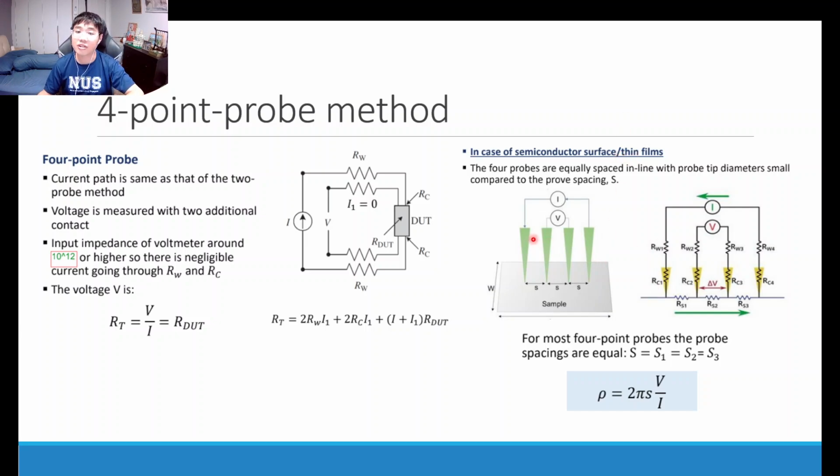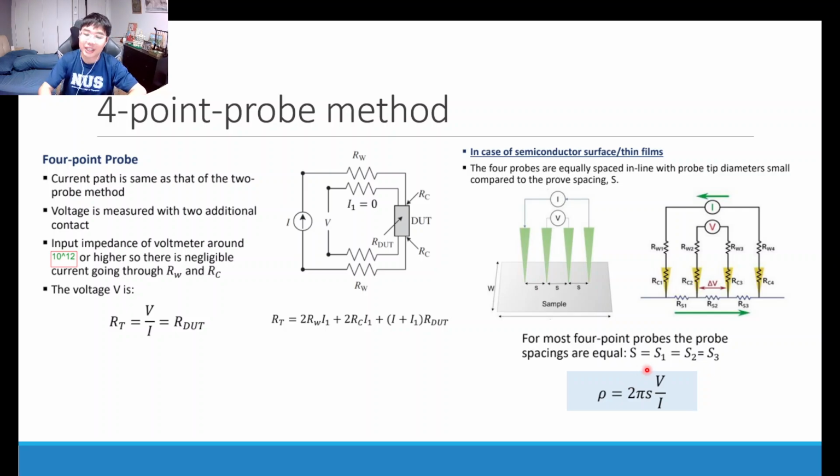In the case of measuring the resistance of a thin film or certain surface of a semiconductor, the four probes of your 4-point probe method are generally evenly spaced, and this allows us to use a very convenient expression to find the resistivity, and therefore subsequently the sheet resistance, of your semiconductor thin film or semiconductor surface.